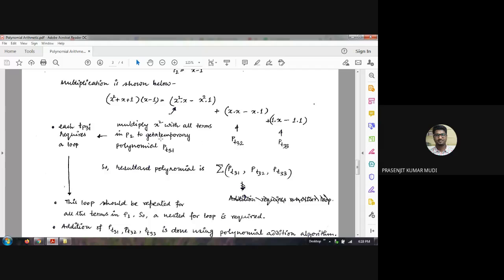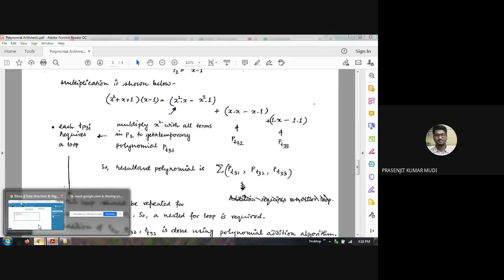Now, how many terms are present inside each of these temporary polynomials? In this example, 2. This is 1, this is 1, so total it's 2. It is 1, it is 1, total it is 2. So in each of these temporary polynomials, the number of terms is 2.